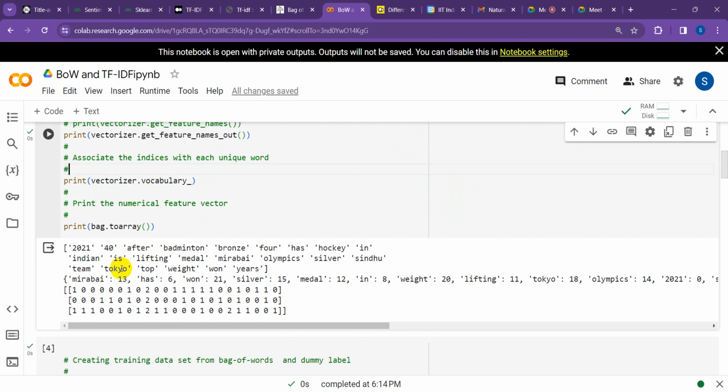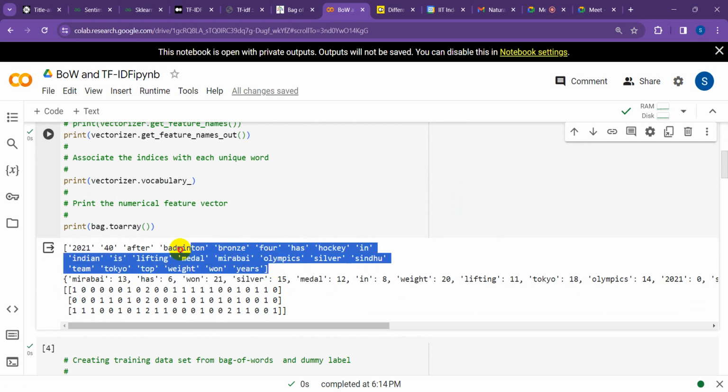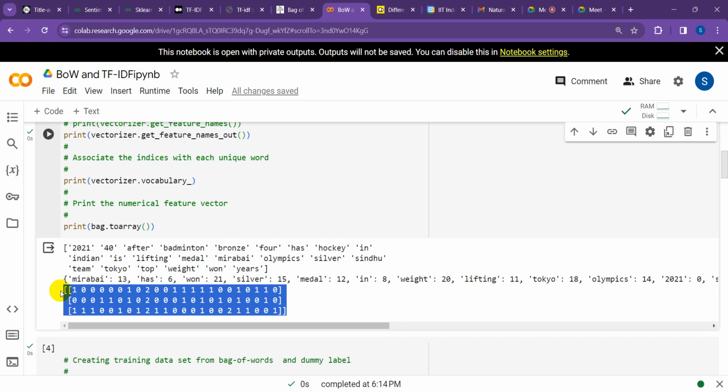And then we are printing the indices. This is not to be taken into account, this is just for my reference. So this is the unique vocabulary that we are getting, and this is the bag of words representation.